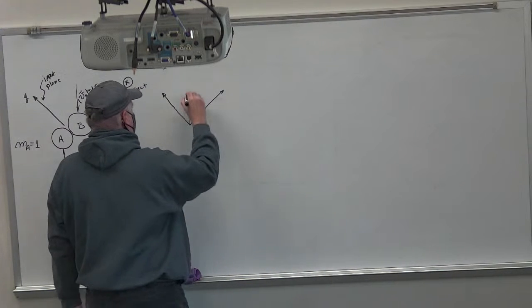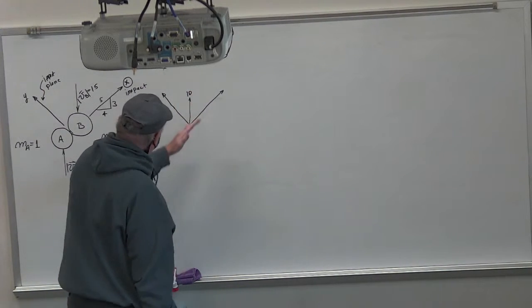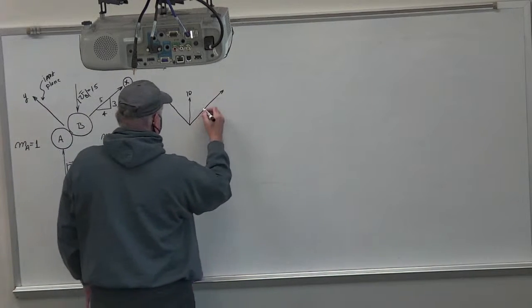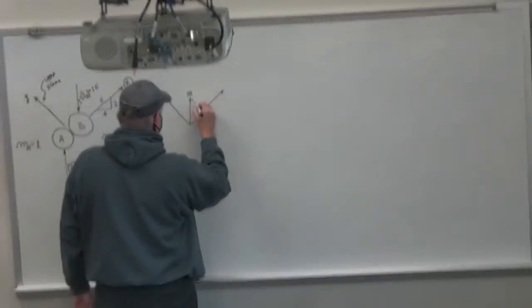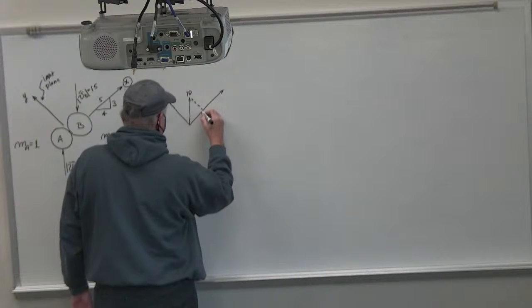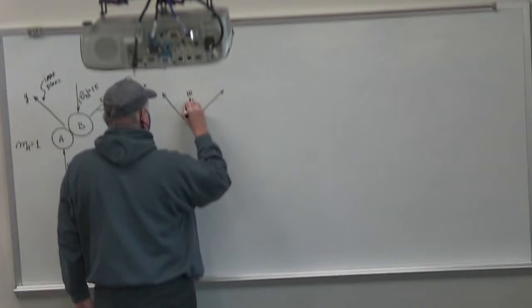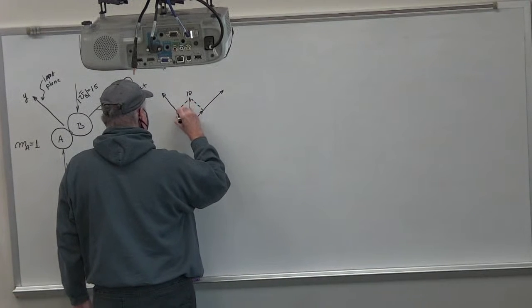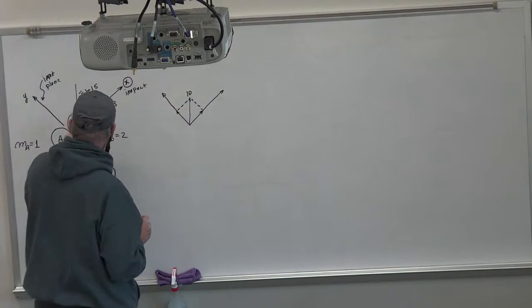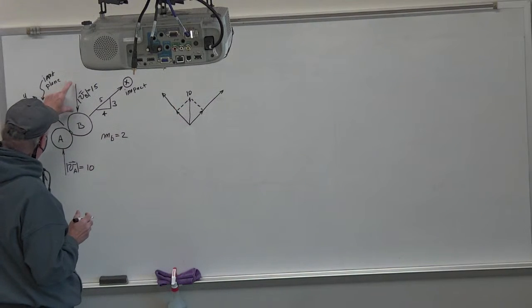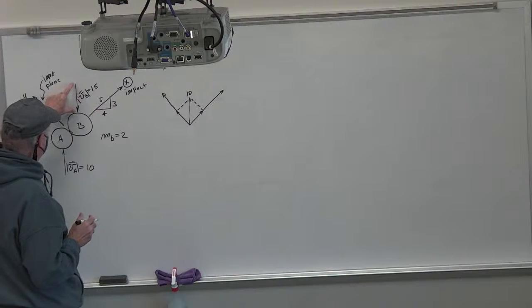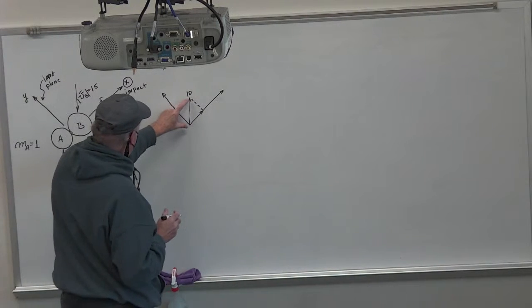So this is our 10. It needs to be broken into components along here and along here. I'll have to do this again with this. However, what you'll notice is it is the flipped direction.